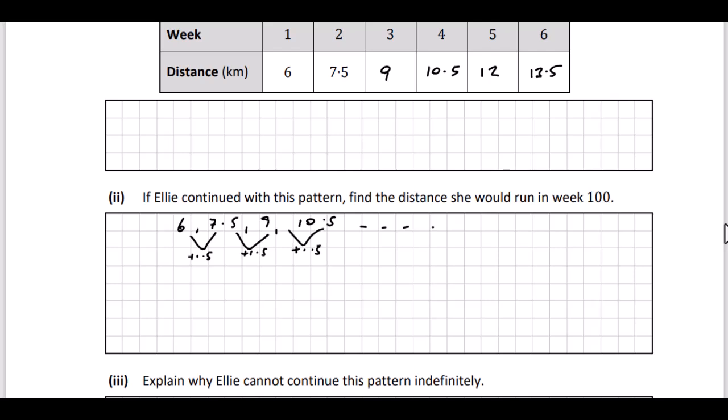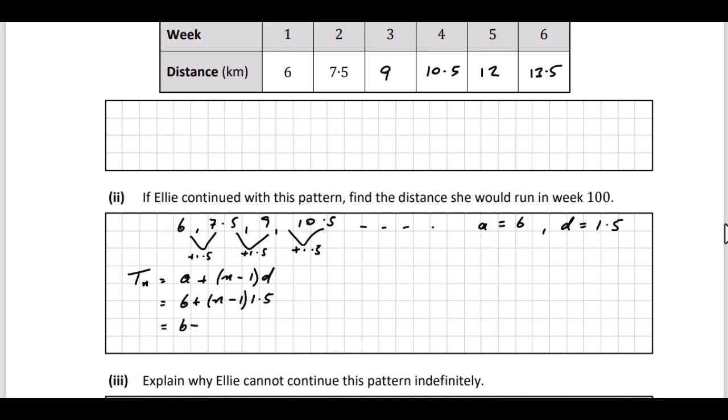So in this case our first term is 6 and our common difference is 1.5. I'm going to make a formula to work out any particular Tn. You know from your tables that Tn is equal to a plus n minus 1 times d. So our a is 6, we've got n minus 1 and our d is 1.5.